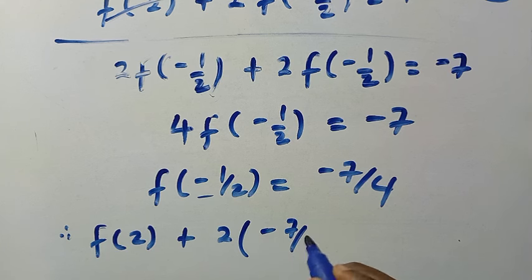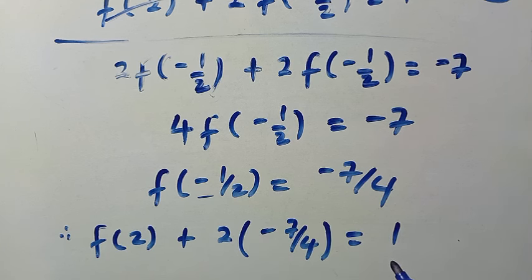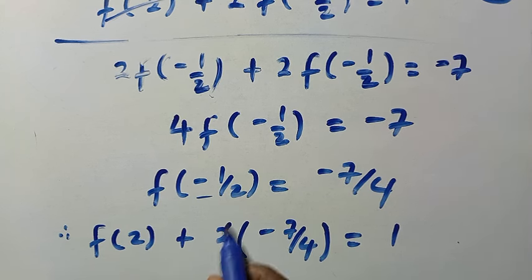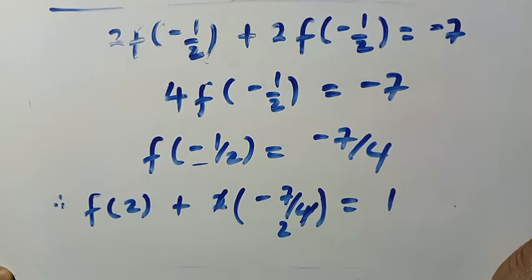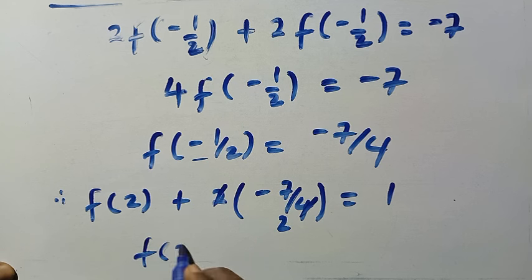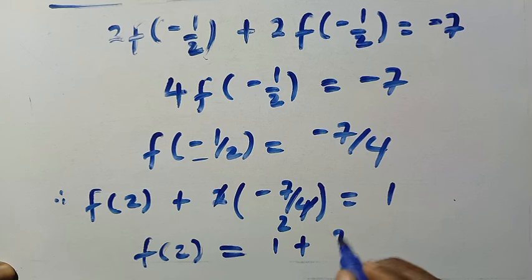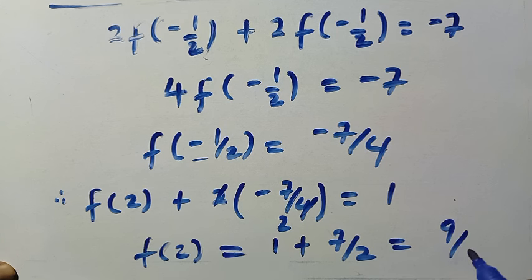So replacing, we have f(2) + 2(-7/4) = 1. Multiplying 2 by -7/4, we have -7/2. Then f(2), when we take this -7/2 to the other side, becomes 1 plus 7/2, which gives 9/2. So f(2) is 9/2. That is the first method of solving this.